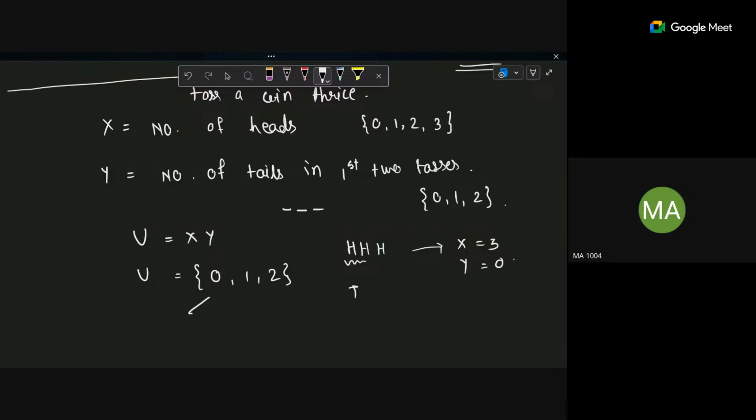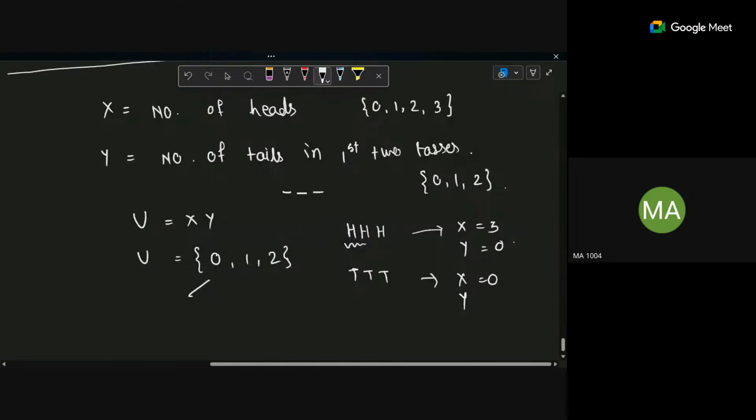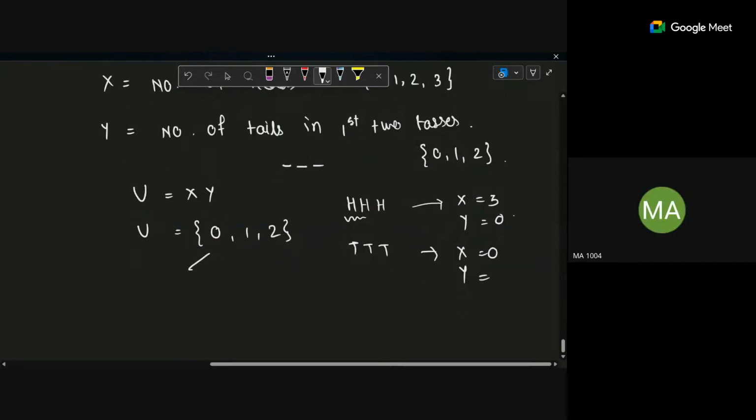But if the outcome is TTH, then X is 1 and Y is 2. Even though the number of tails is 3 in TTT, you have to count only the first 2 tosses.